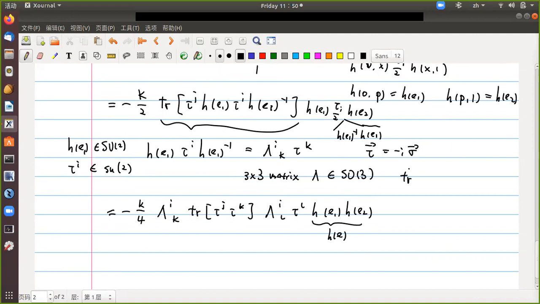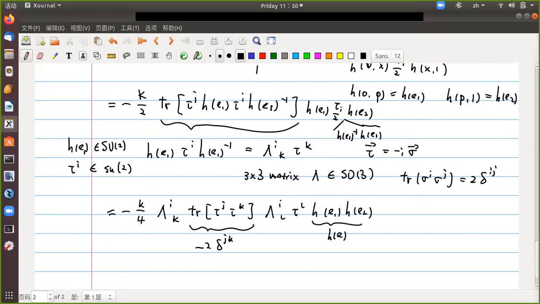We know the trace of sigma I sigma j is 2 times delta ij, and therefore this trace just gives minus 2 delta jk.